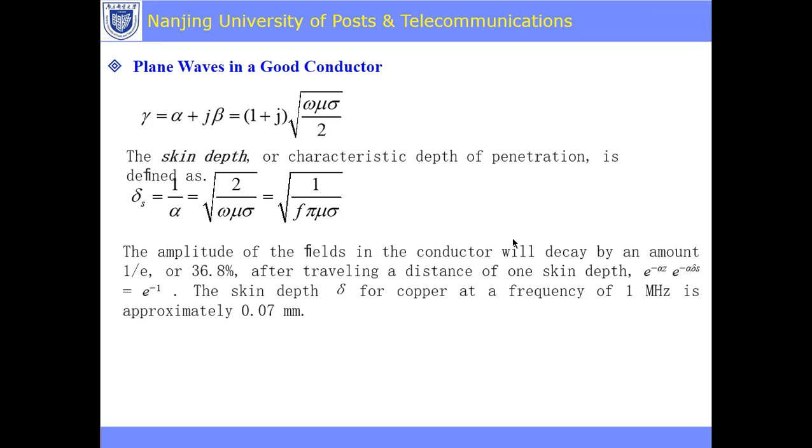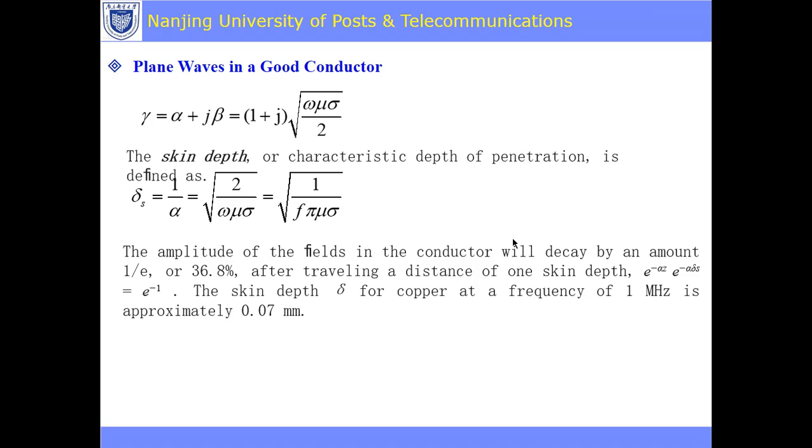They are inversely proportional, right? So that means one thing from this equation: I can say that skin depth is dependent on frequency. More the frequency, less the skin depth.